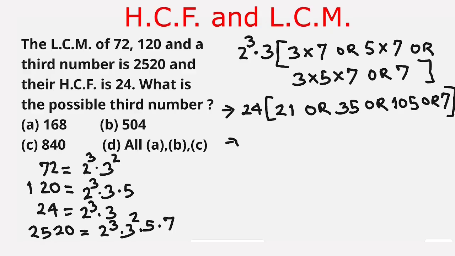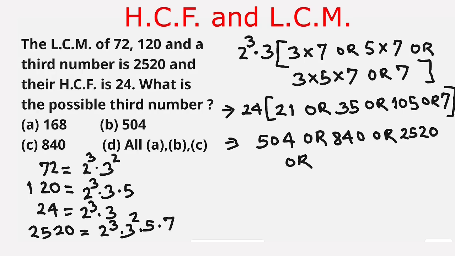And this can be 24 times 21 is 504, or 24 times 35, which is 840, or 24 times 105, which is 2520, or 24 times 7 is 168.